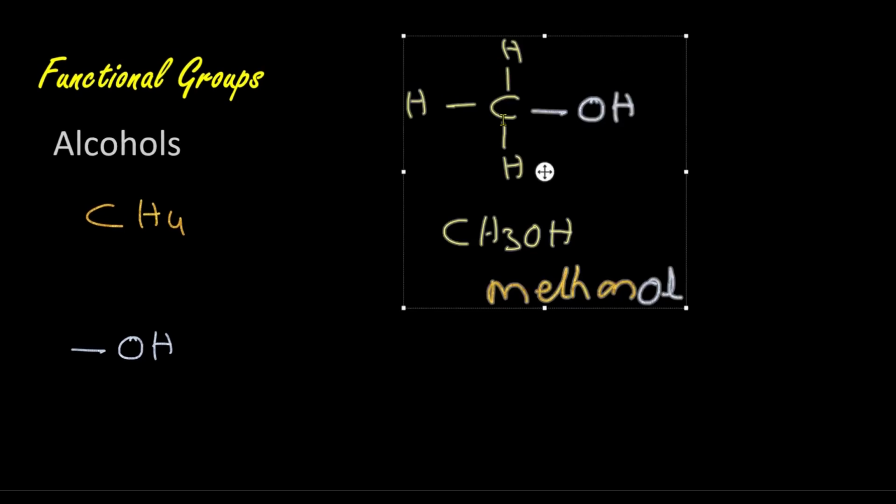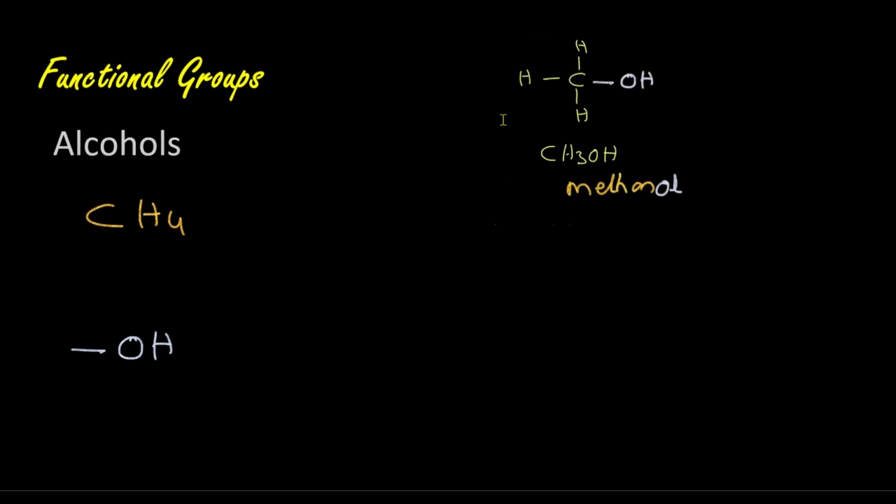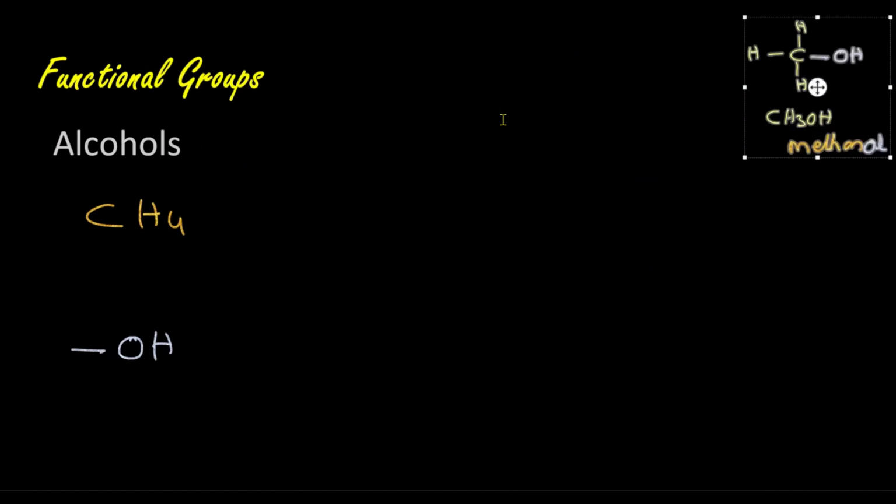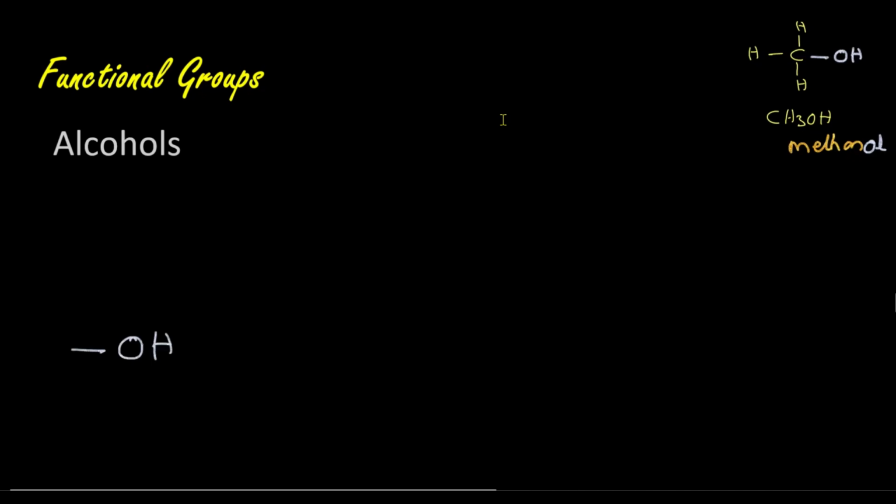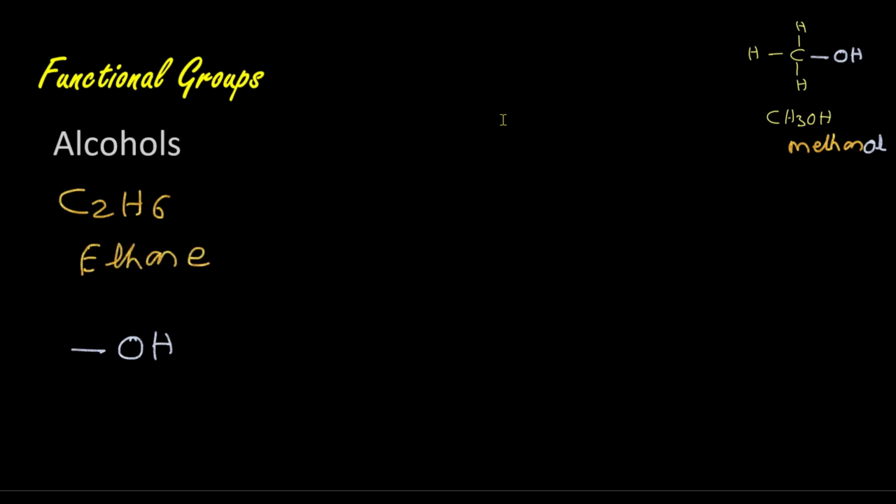Now let's make another structure similar to this. Now I'll take the second member of the alkane series. It is C2H6, and the name is ethane.